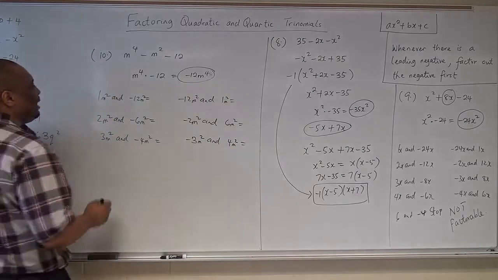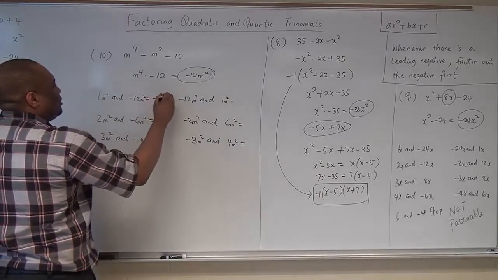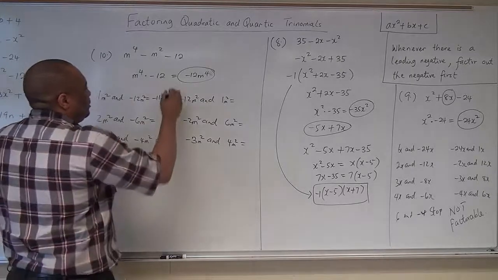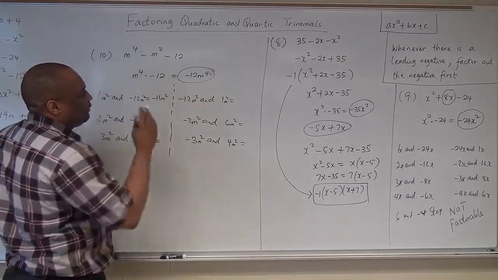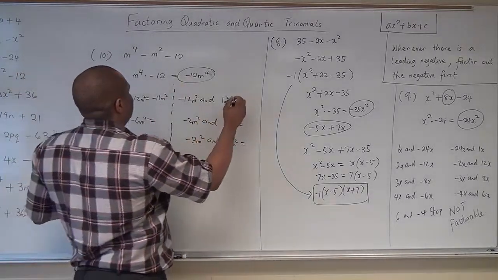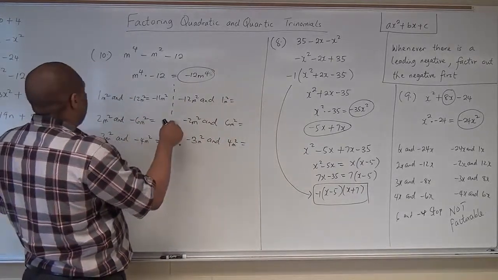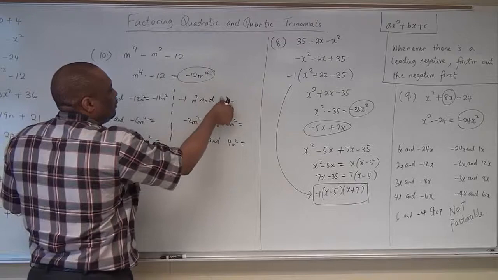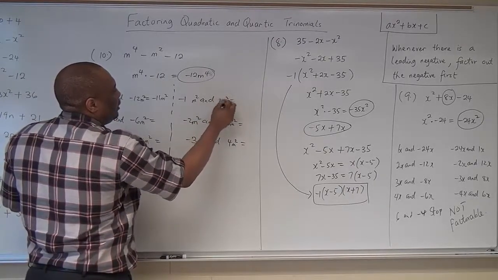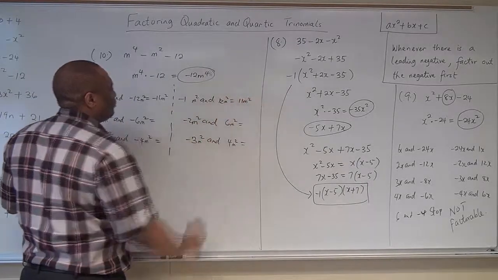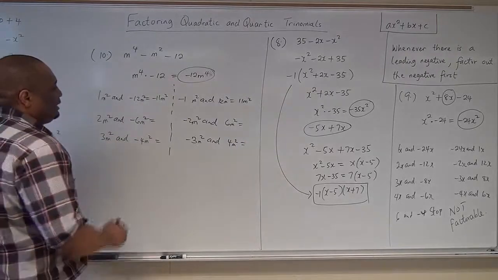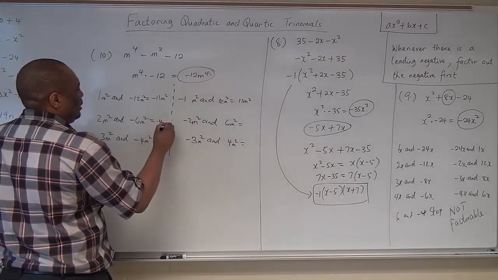So this gives you 1 minus 12 is minus 11 m squared. Oh, this should be negative 1 and 12, which is 11 m squared. Okay. 2 minus 6 is minus 4 m squared.